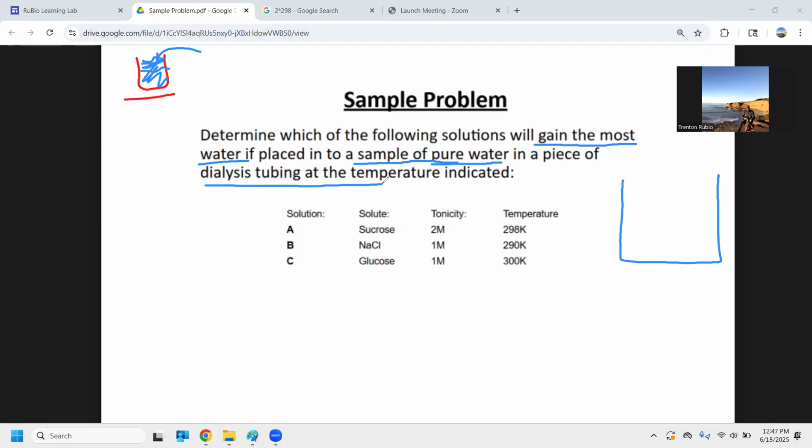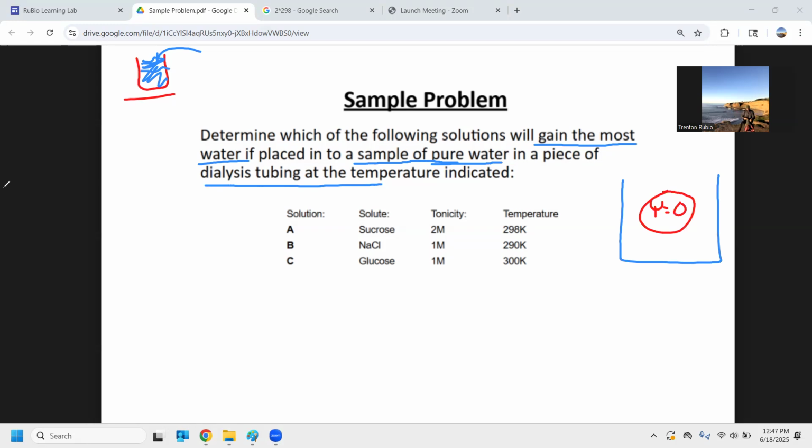Here's a beaker of water. Here is a piece of dialysis tubing, which is essentially like a cell. It mimics a cell membrane. That cell has pure water in it, so we know that the water potential of that cell is equal to 0.